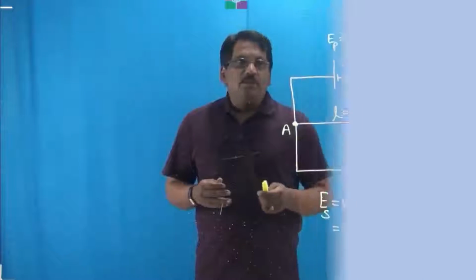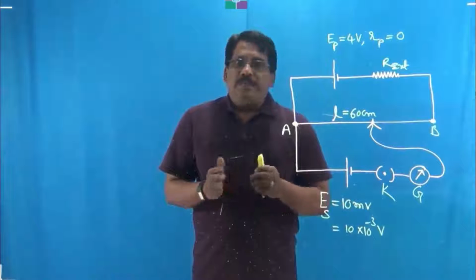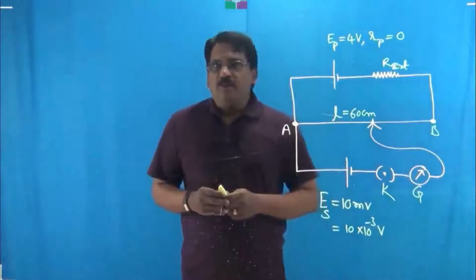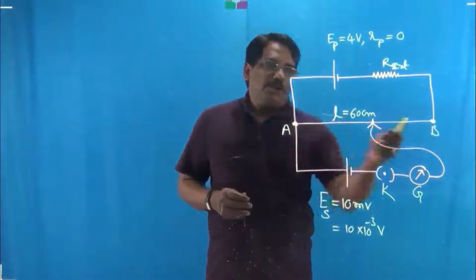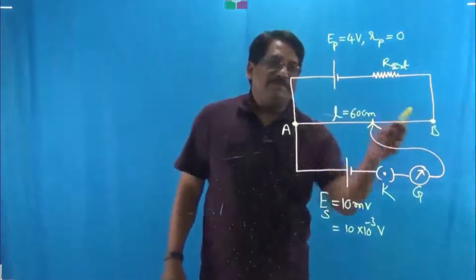Let's look at the solution for this very comprehensive question based on the working of a potentiometer. Here in this potentiometer, the wire is given to be of total length 200 centimeters.